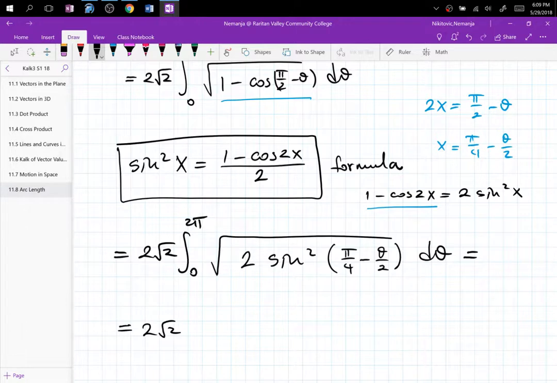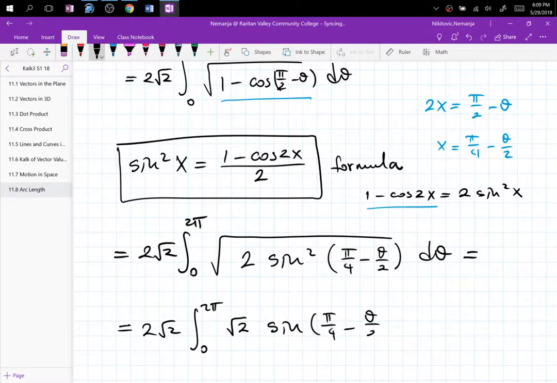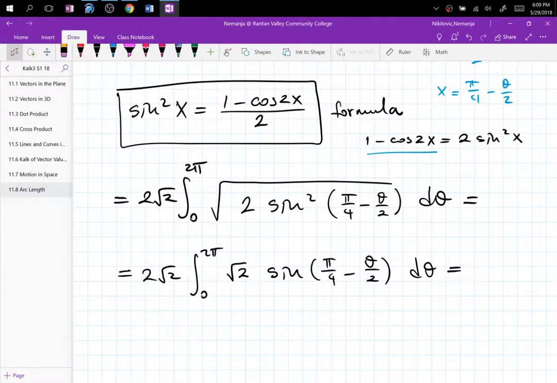So 2 root 2 integral from 0 to 2 pi, take a square root, I have another root 2, and just have a sine of pi over 4 minus theta over 2, d theta. Now root 2 goes outside. Root 2 times root 2 is 2, times 2 is 4.